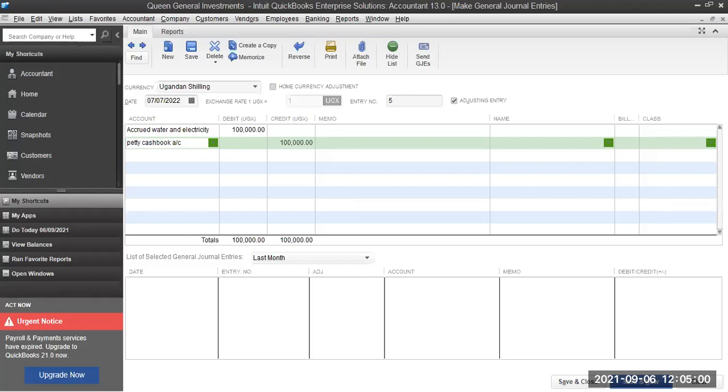And we said that it is another currency liability. That means that we had not cleared the bills for water and electricity for the other financial year. And now we are settling them in this new financial year, and we are paying them by cash. If a liability is reducing, we debit it. Remember, accruals have a normal credit balance, but if they are reducing, we shall need to debit them.